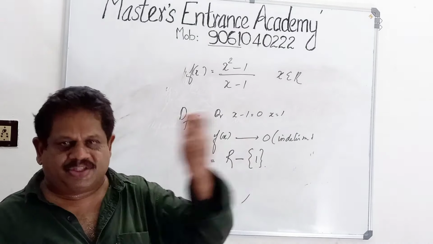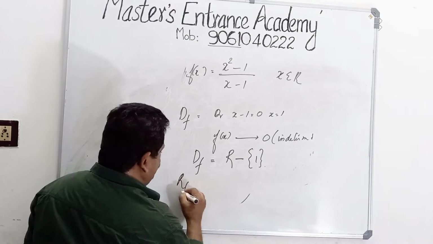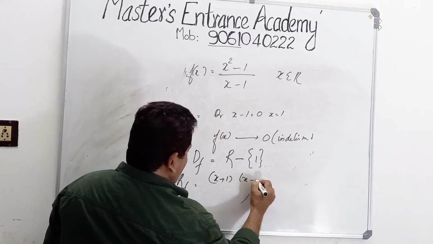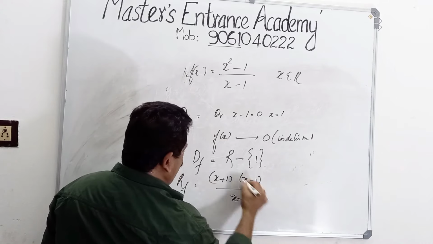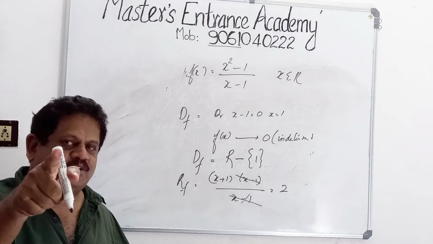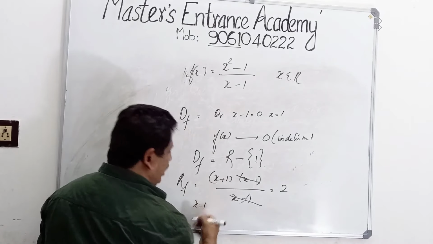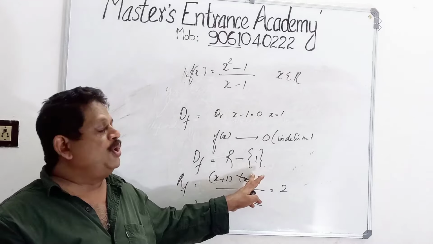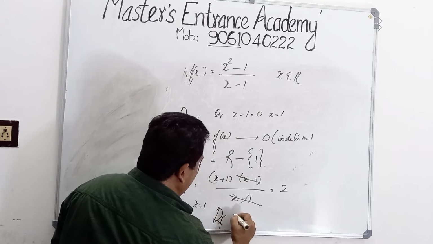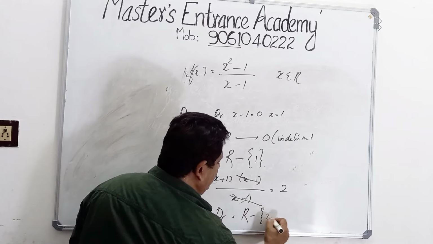Now comes the range. The function is nothing but (x plus 1) into (x minus 1) divided by (x minus 1), which cancels, and you will get x plus 1. But when I put x equals 1 into that, I get 2. Can I take x equals 1? No. So, the range of the function is real numbers minus {2}.